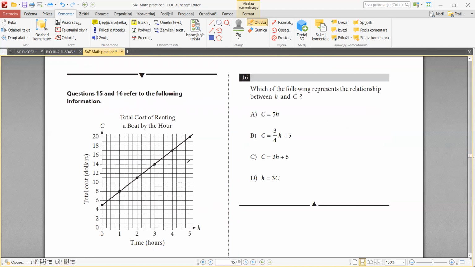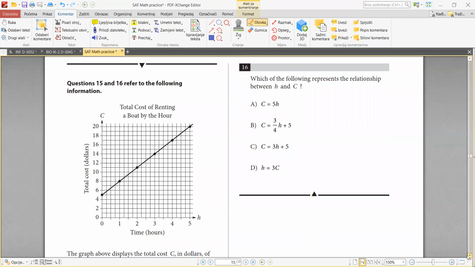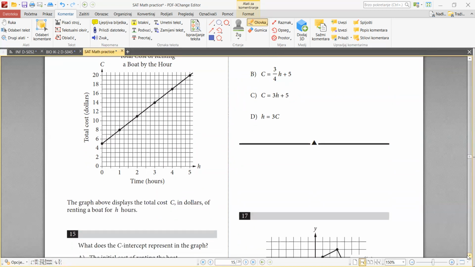So we have questions 15 and 16. They refer to the following information. Total cost of renting a boat by the hour. Okay. What does the C-intercept represent in the graph? So this right here, the C-intercept.